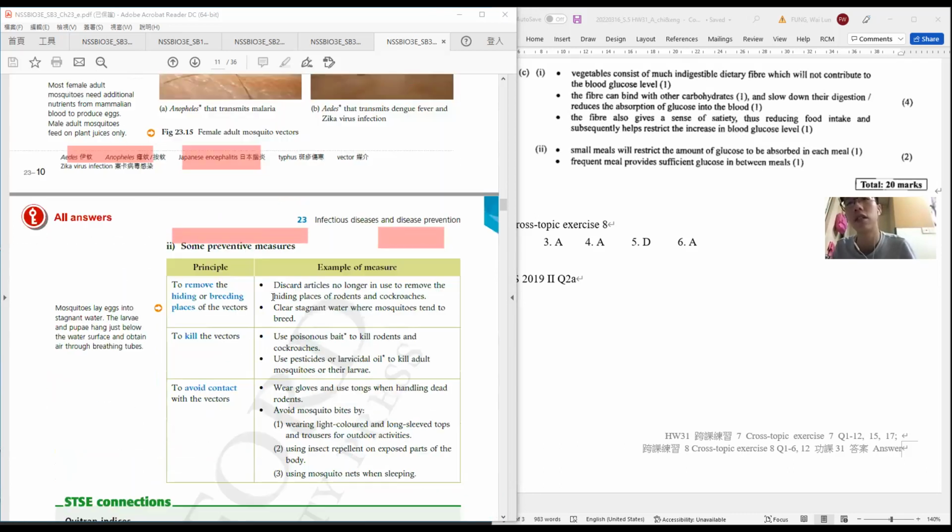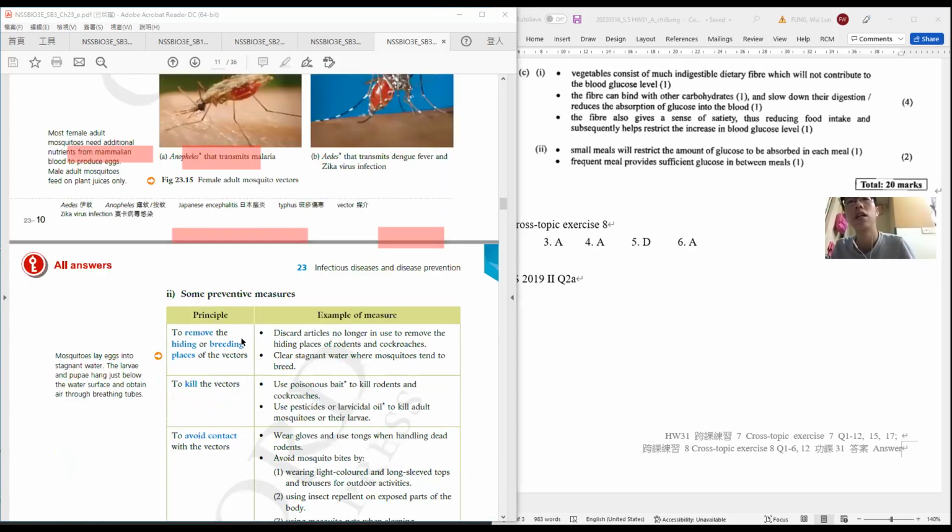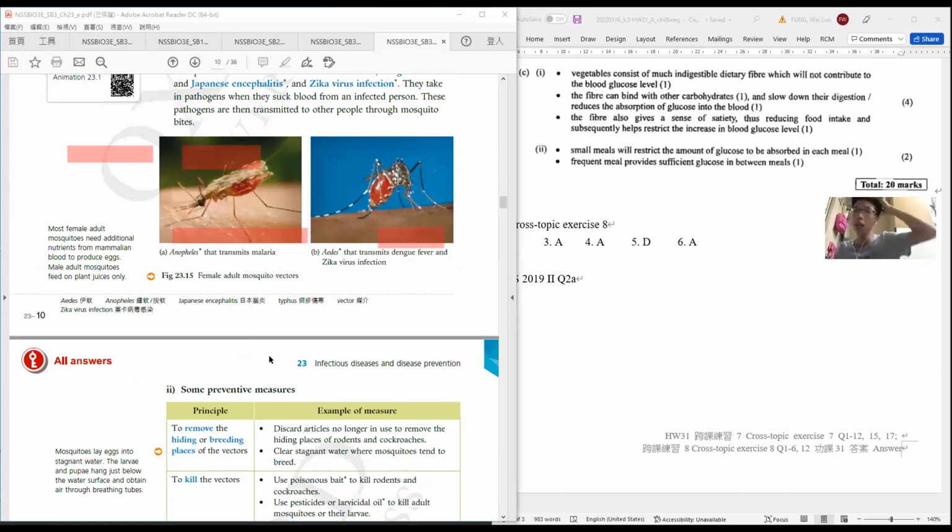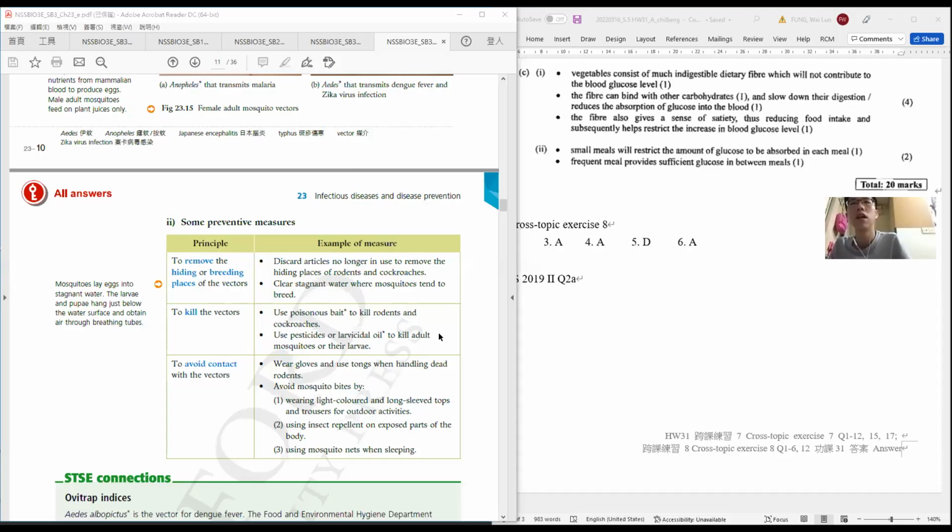I teach it during the class. This is chapter 23, page 10. For example, are there any possible ways to prevent mosquito bites? You can remove the breeding places, those stagnant water, puddles of water, where they tend to breed.